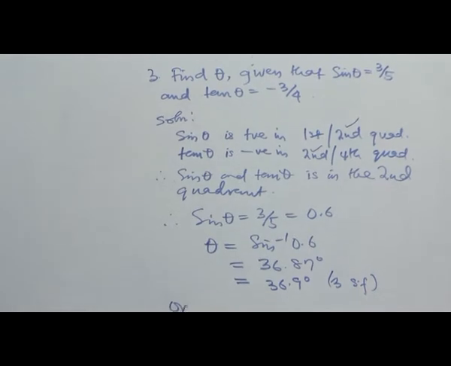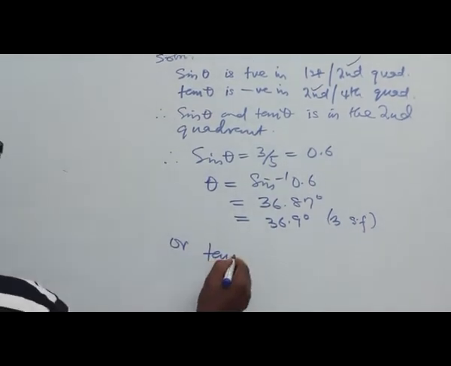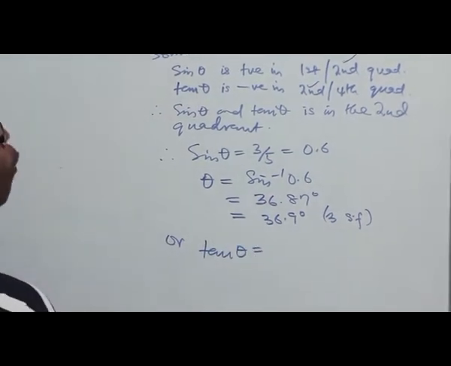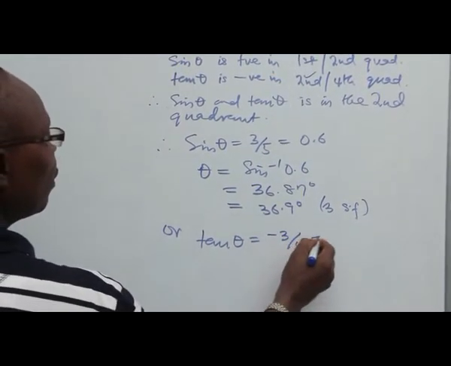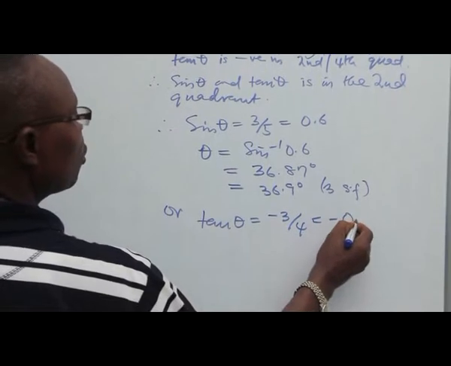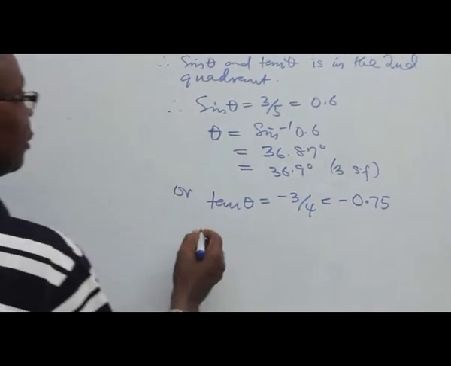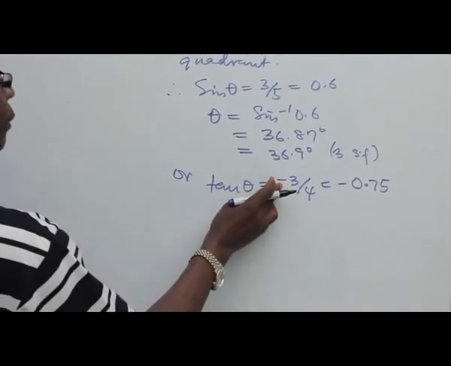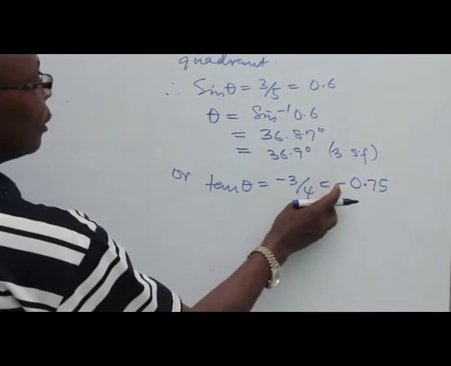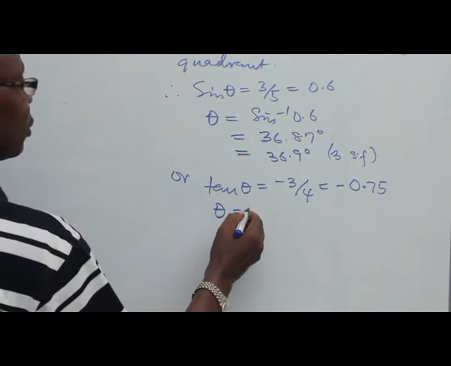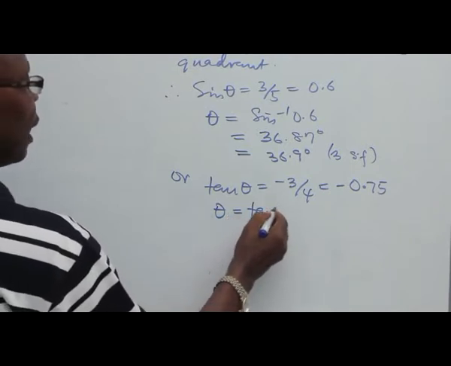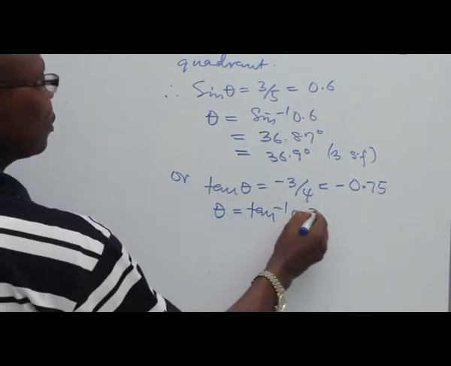Or you can take your tan theta is equal to minus 3 all over 4, which is equal to minus 0.75. So, ignoring the negative sign, then finding your theta using the positive value, theta will be equal to arctan of 0.75.